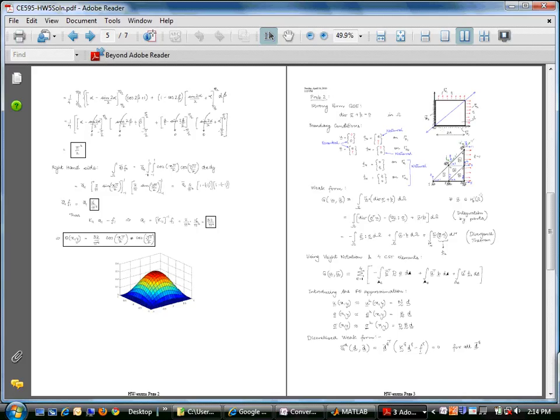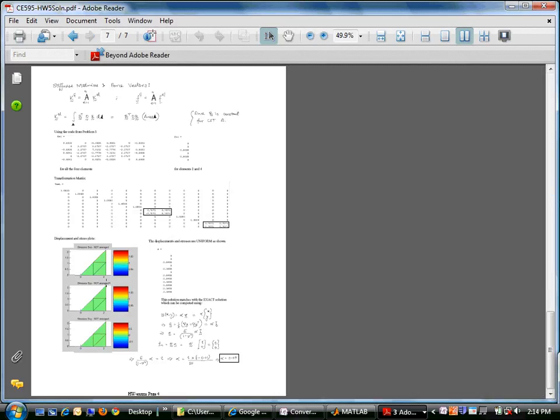We used 4 elements in this problem. And the exact solution is that the strain and the stresses are uniform throughout this element. So if you use even just one constant strain triangle, you will get the exact solution.